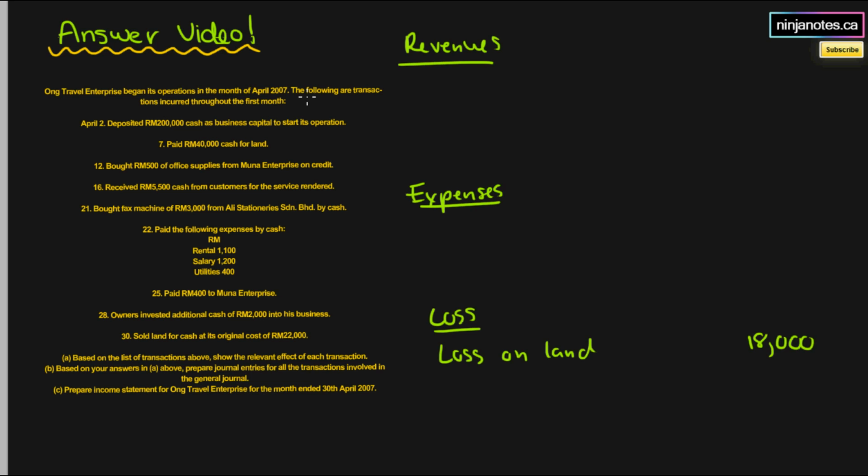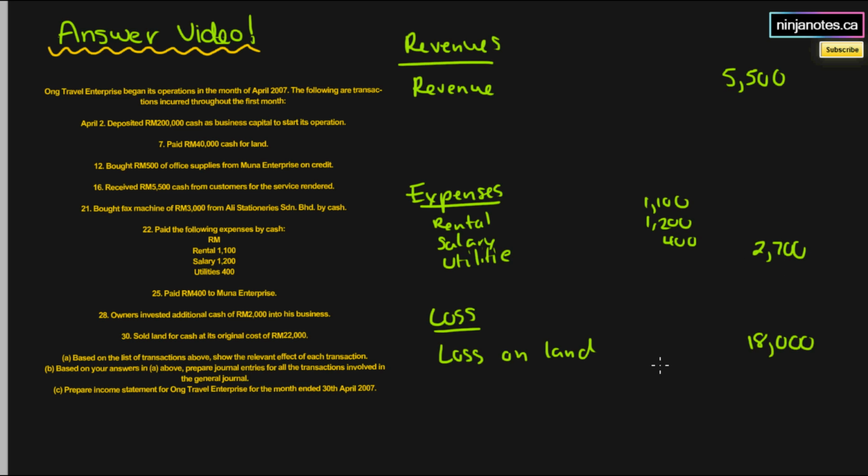Our revenue, going through this, the only revenue I remember was, I think, the $5,500 cash. So we have service revenue of $5,500. We have expenses of rental, salary, and utilities of $1,100, $1,200, and $400, which add up to $2,700 of expense.